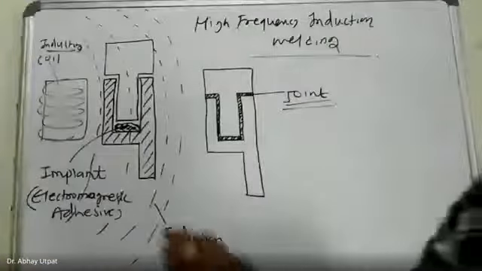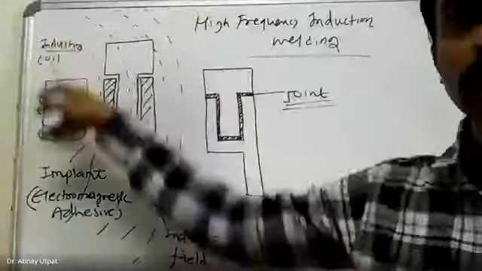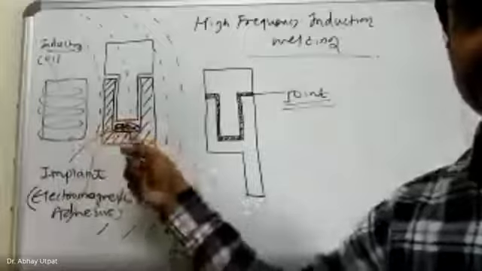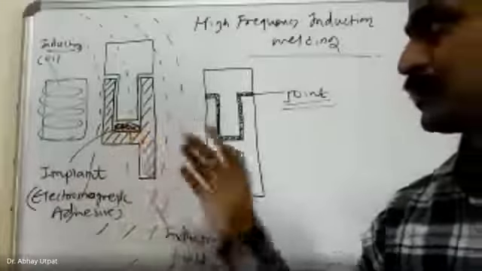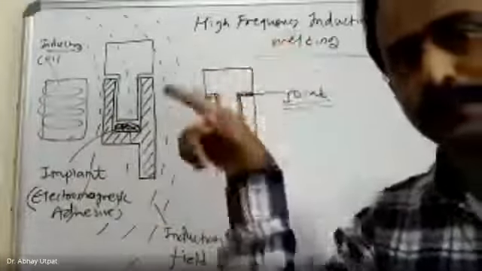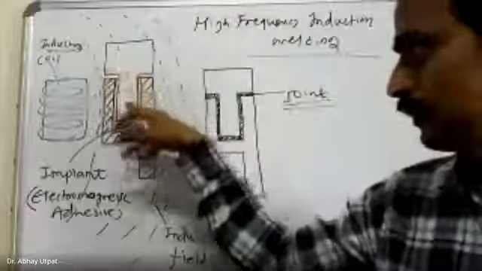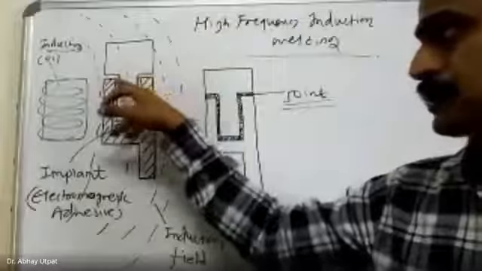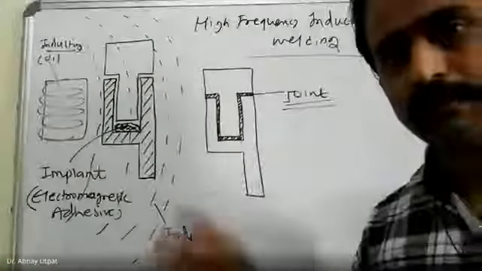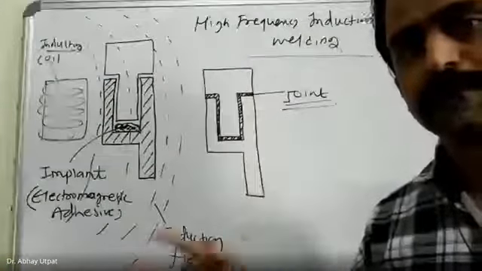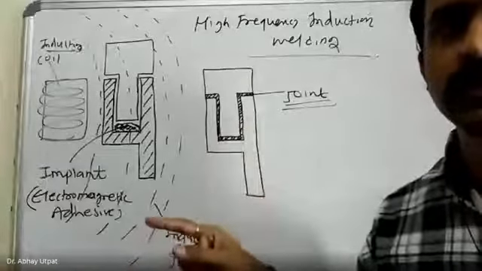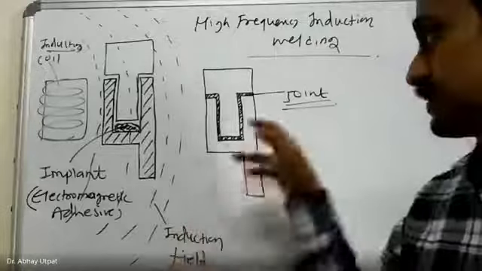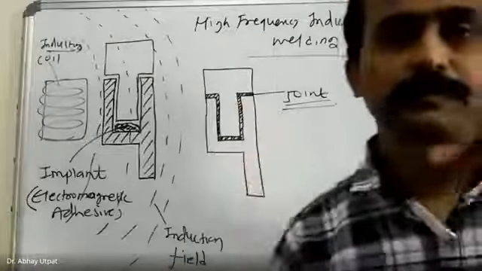This is the induction field, and this is the induction coil. For your understanding, I have shown the implant in this way; actually, it may have a U shape, which may be kept as it is and just inserted. The induction coil will generate the secondary current, that secondary current will cause heating, and heating will cause melting of the matting surface. Here I have shown the joint.